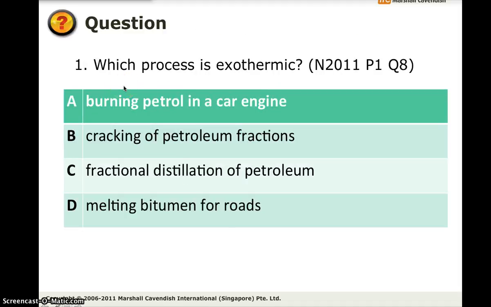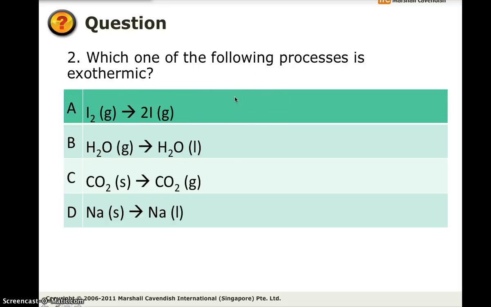Which process is exothermic? The answer is A. Remember, combustion. Burning petrol is combustion, and combustion is exothermic. Question 2.